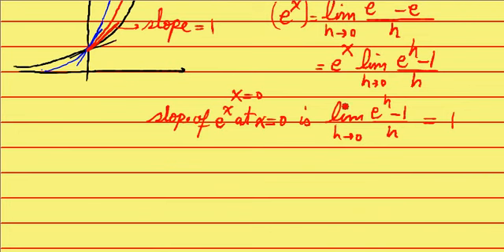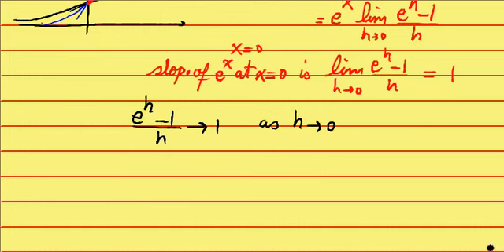Now let's look at this formula a little bit. What we are really saying is e to the h minus 1 over h gets closer and closer to 1 as h comes closer and closer to 0. Let me do a little bit of arithmetic here that's perhaps a bit unfamiliar to you. I multiply both sides by h, so e to the h minus 1 comes close to h as h goes to 0.